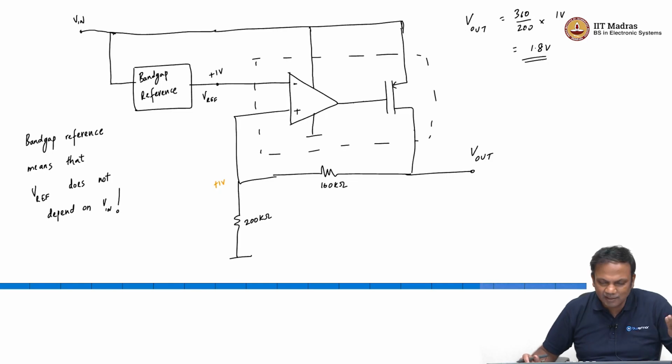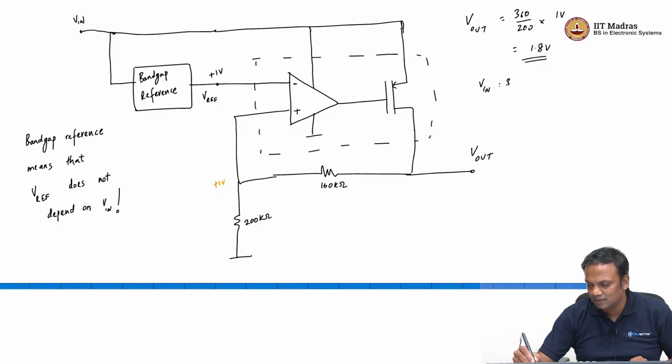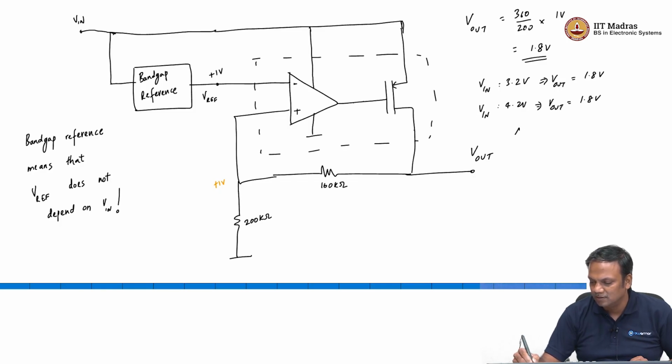And now it does not matter what V in is, right. If V in is 3.2 volt, V out is still 1.8 volt. If V in is 4.2 volt, V out is still 1.8 volt. So, the line regulation now is almost 0, or is 0. Why almost? In this case, line regulation is 0.